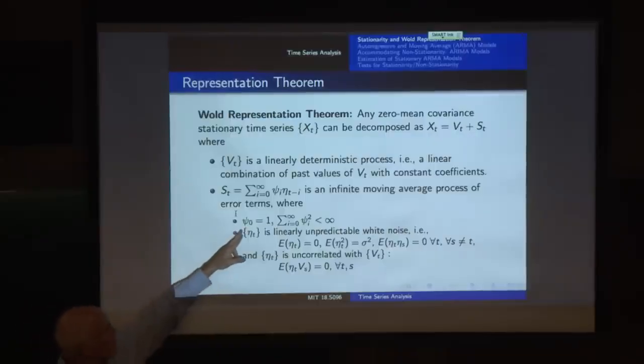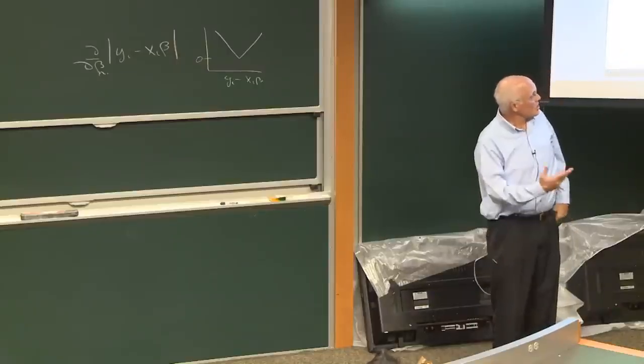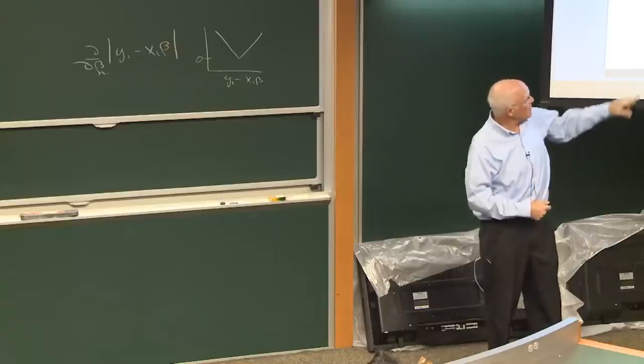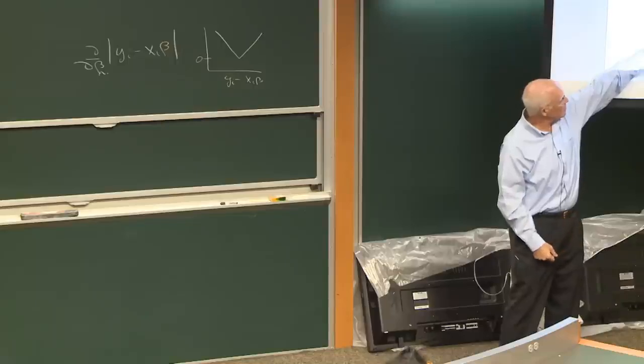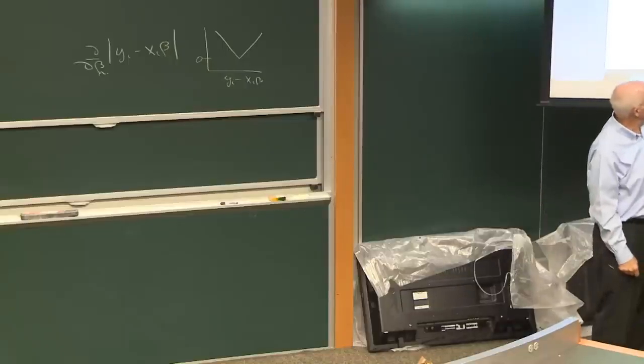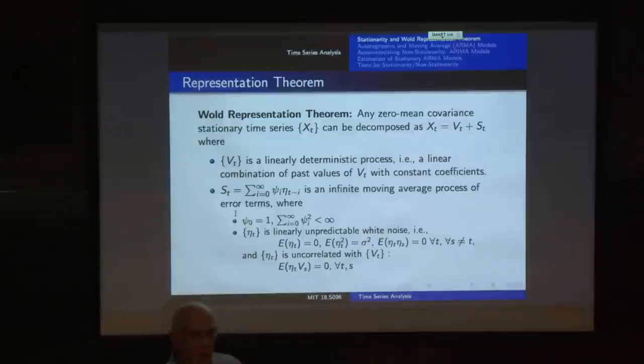The coefficients psi i are such that psi 0 is 1, and the sum of the squared psi i's is finite. And the white noise eta t, what's white noise? It has expectation 0, it has constant variance sigma squared, and it has covariance across different white noise elements that's 0 for all t and s. So the eta t are uncorrelated with themselves, and of course they're uncorrelated with the deterministic process.